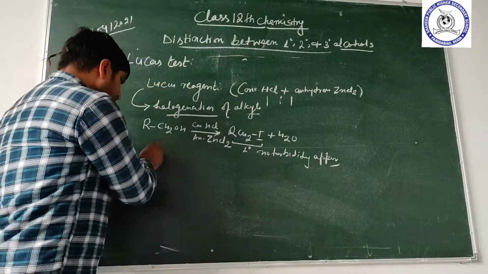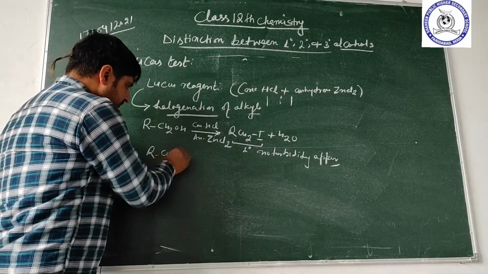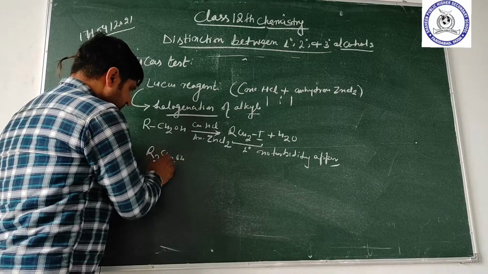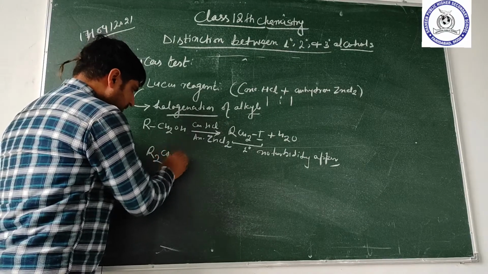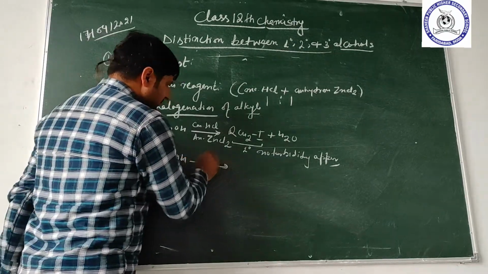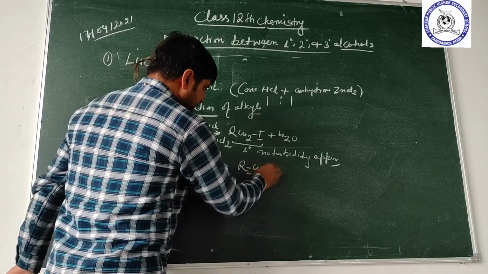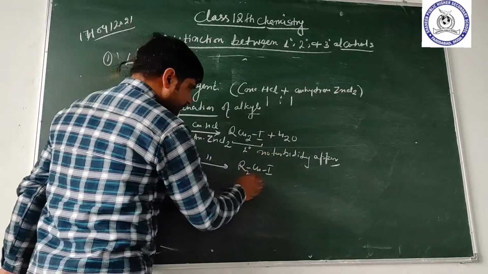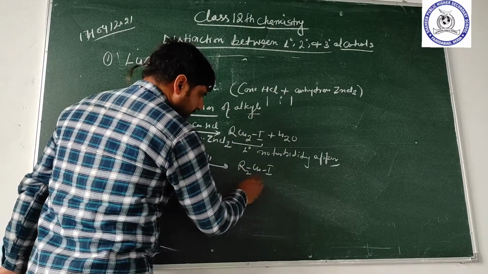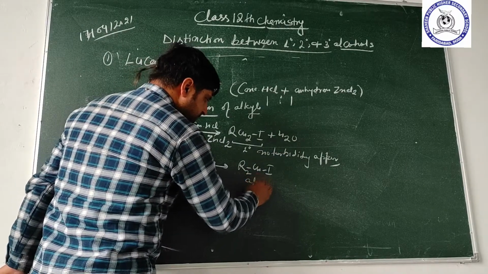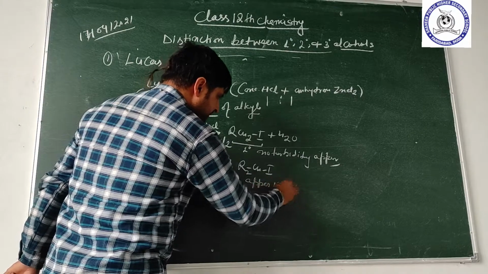In secondary alcohol, when reacted with Lucas reagent, it gives secondary chloride in which turbidity appears in 5 minutes.